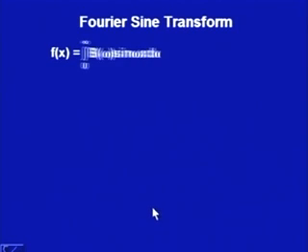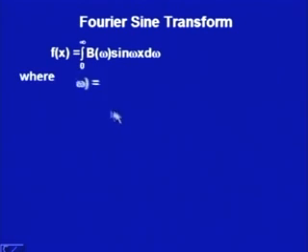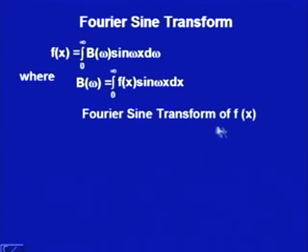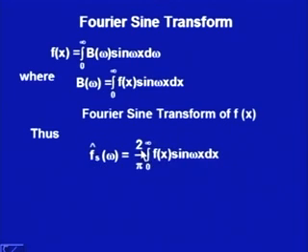Similarly, the Fourier sine transform is obtained using the Fourier sine integral, the integral from 0 to infinity of B(omega) sin omega x d omega, where B(omega) is the integral from 0 to infinity of f(x) sin omega x dx. This is the Fourier sine transform of f(x), and we denote it by f_s hat(omega) and write 2 upon pi times the integral from 0 to infinity of f(x) sin omega x dx.